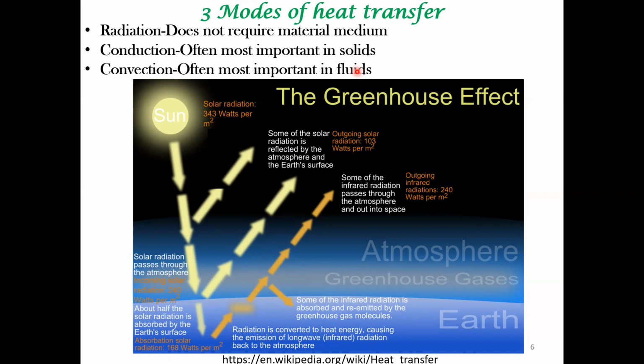For example, when there is wind, heat transfer is greater when wind is flowing. That form of heat transfer is called convection. We'll elaborate on these three modes in the next few slides.